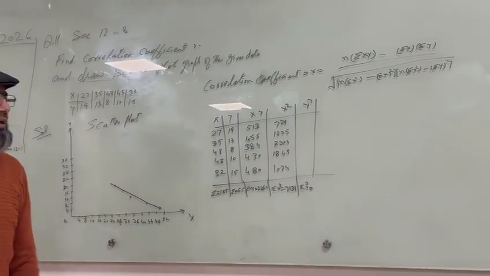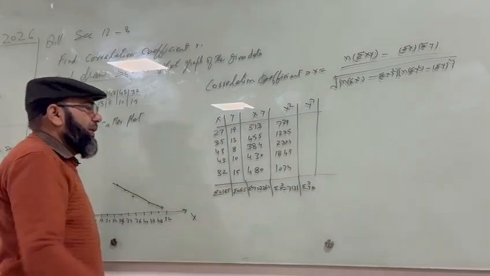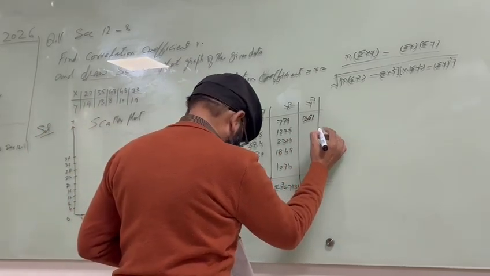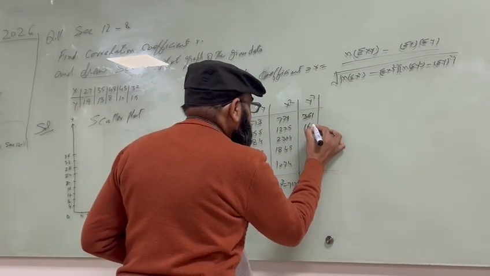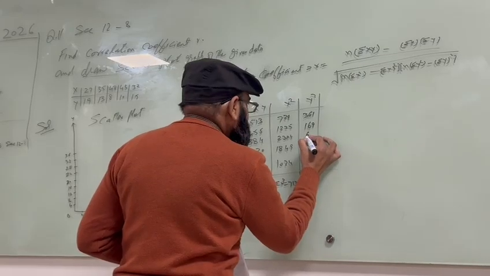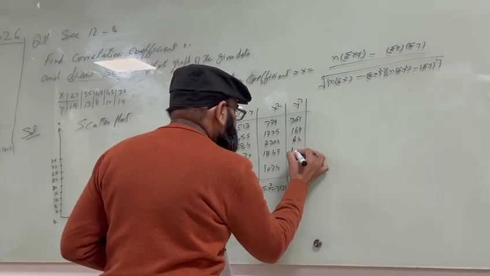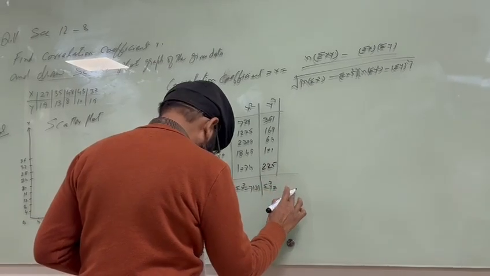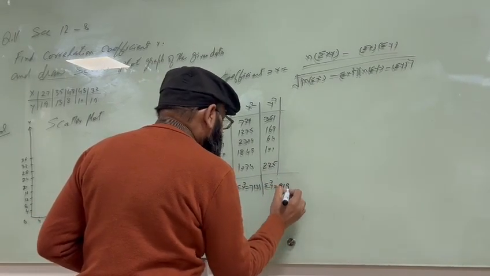Now y square. In the y column: 361, 169, 64, 100, 225, and the summation of these is 919.